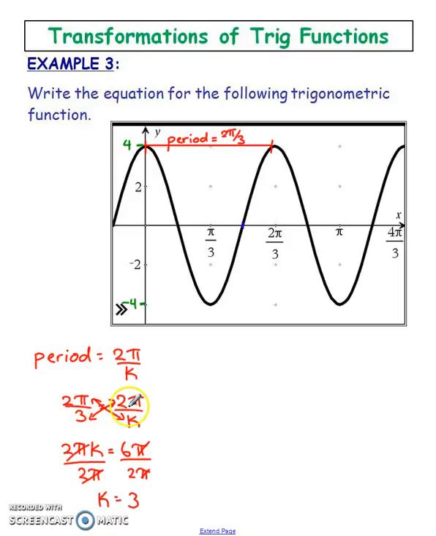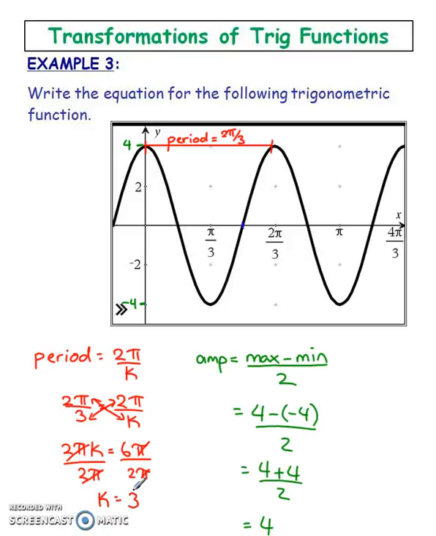So cross multiply: 2 pi times k is 2 pi k, equals 3 times 2 pi, which is 6 pi. Okay, so in order to get k by itself, I'm going to divide this 2 pi out. So I'm going to cancel it out on the bottom, which means I have to do it over here as well. Okay, so 6 pi is going to be divided by 2 pi. The pi's cancel out and 6 over 2 is just 3. This number is going to go into that k value slot in my equations.